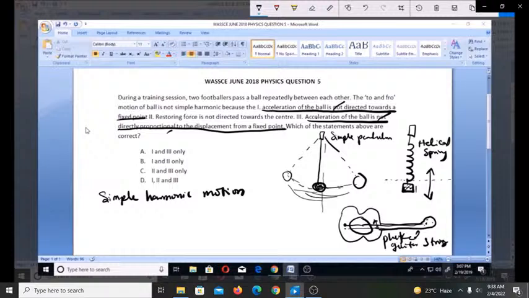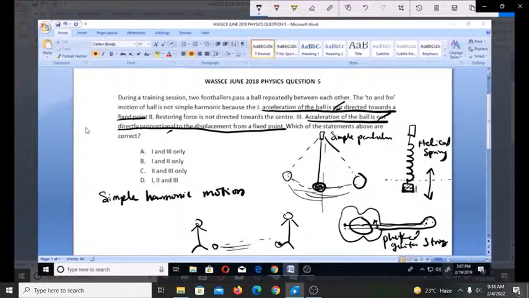So for us to now say that this very ball that two people are passing, these two footballers, they pass this ball to themselves. You can see it's making a to and fro motion because it will go here and go here. But now it is not directed towards the center, because this person can apply some force that is even bigger than this person.